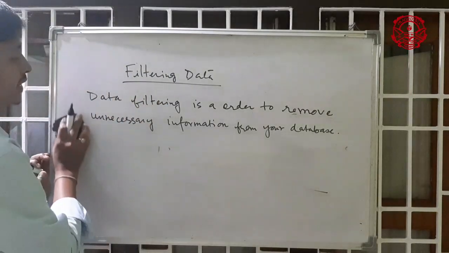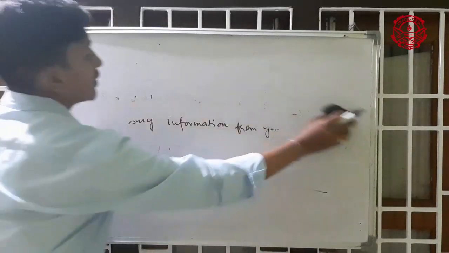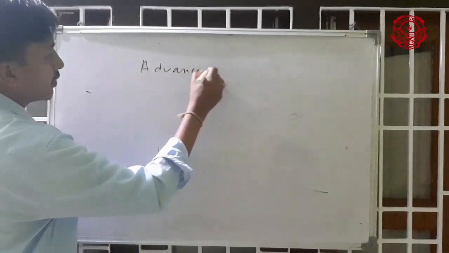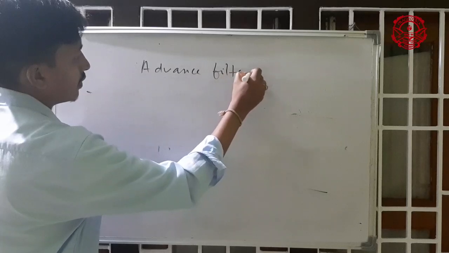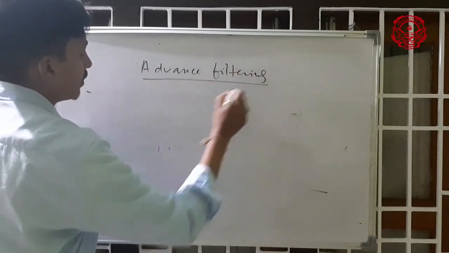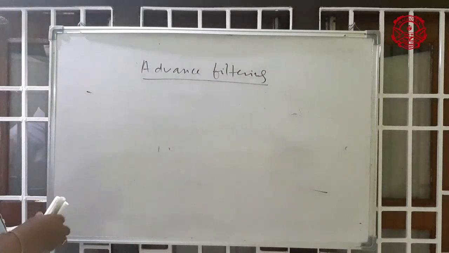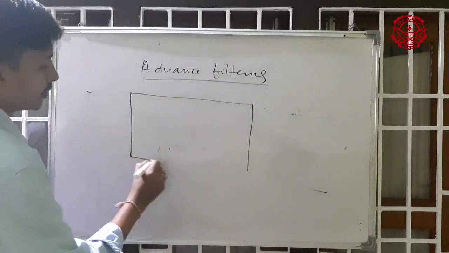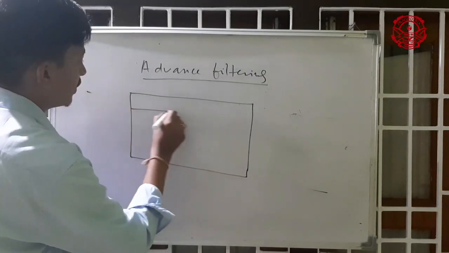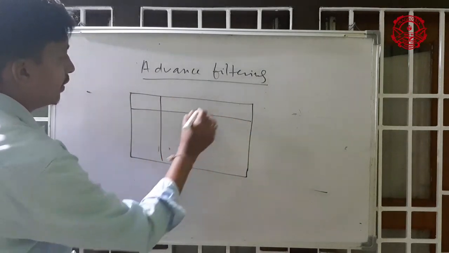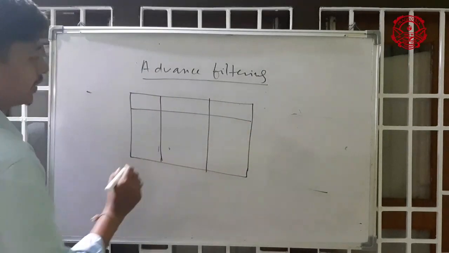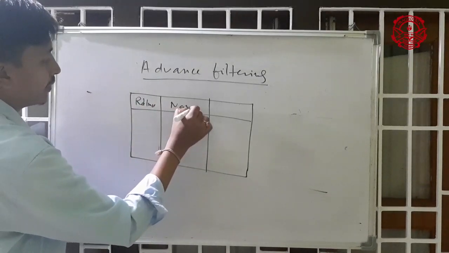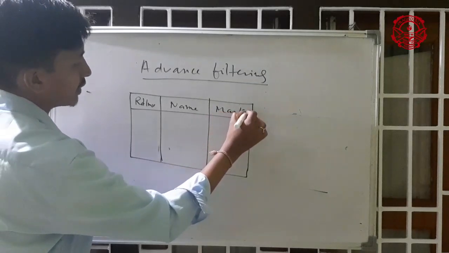Now the next important thing is advanced filtering. This is an example. This is a table with roll number, name and marks.